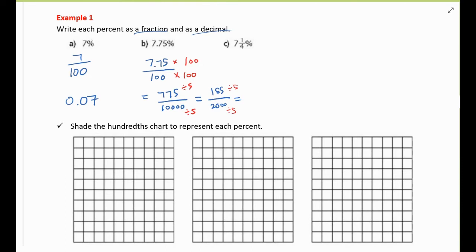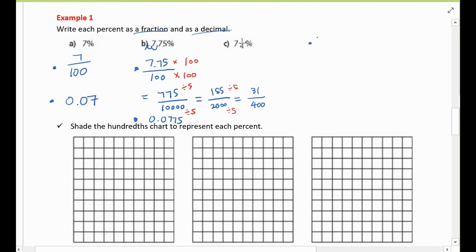And that becomes 31/400. So this is the answer. This is the fraction. And decimal. Decimal is more straightforward. You can just move 2 decimal places to the left. So 0.0775. That's the decimal number.